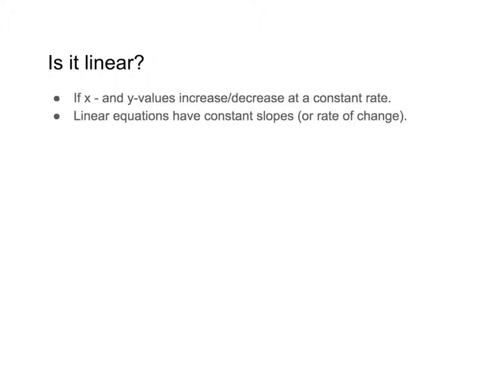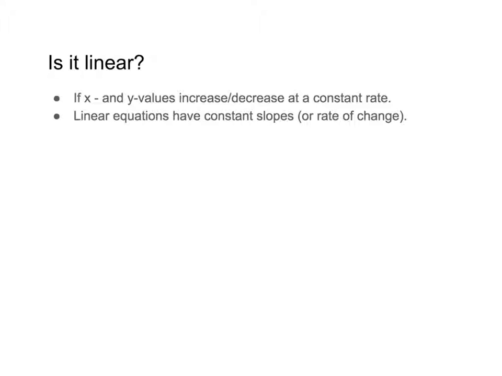Okay, so how we determine if something is linear, let's talk about that. If we have a table where there are x and y values, we are going to be looking at how they are increasing or decreasing, and looking for a constant rate.